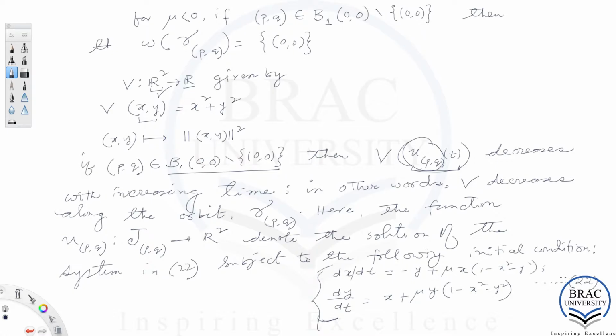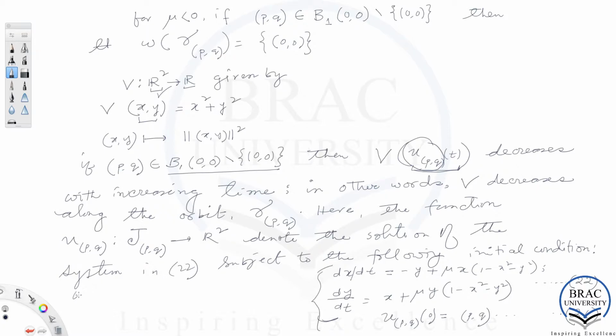And the initial condition was as follows: u sub p comma q at the time 0 is p comma q. Okay, we call it 26. The initial condition we numbered by 26. Okay, so this is the setting.